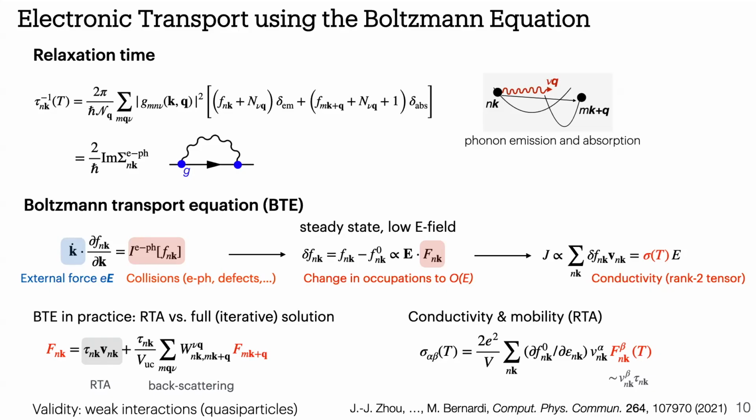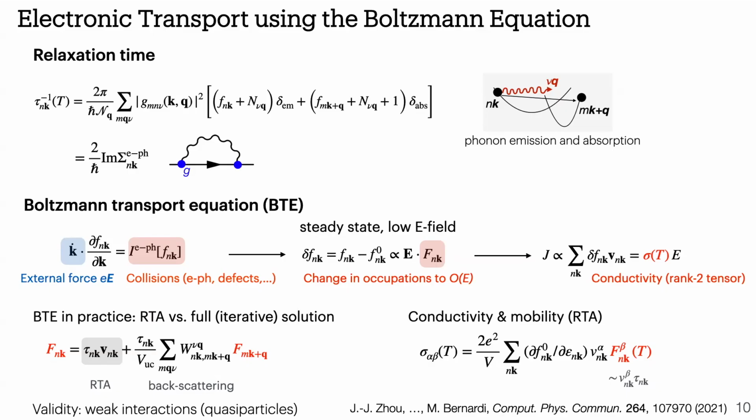So here, basically, if you keep the change in the occupations up to linear terms in the electric field, then the change delta Fk is proportional to this uppercase F. And that's basically the main unknown. So it tells you how much the occupation of each electronic state changes in response to the field.